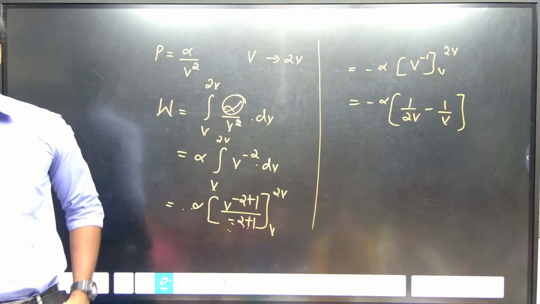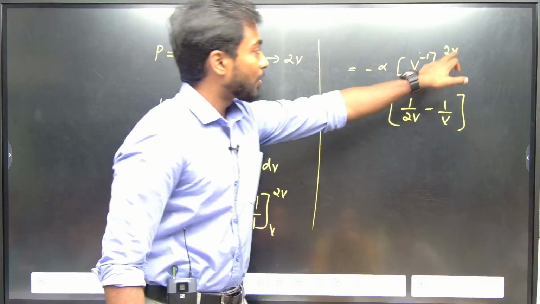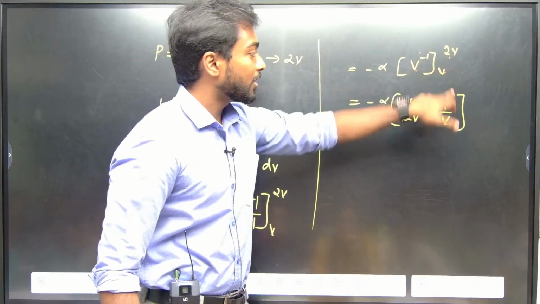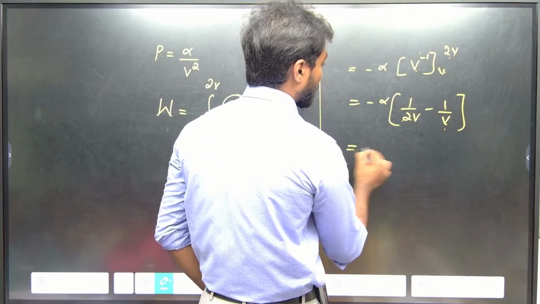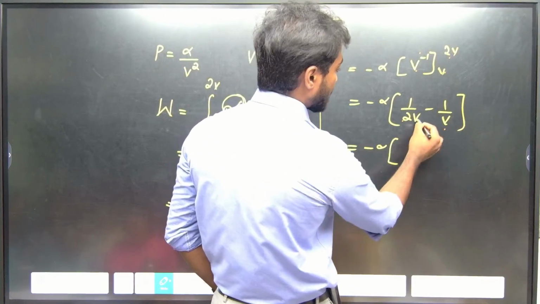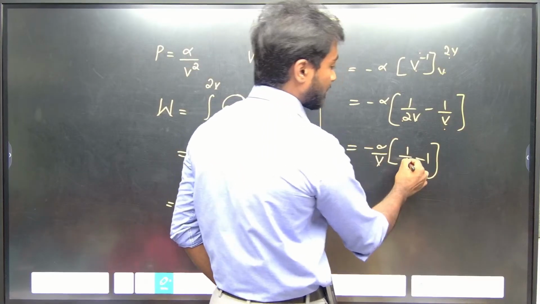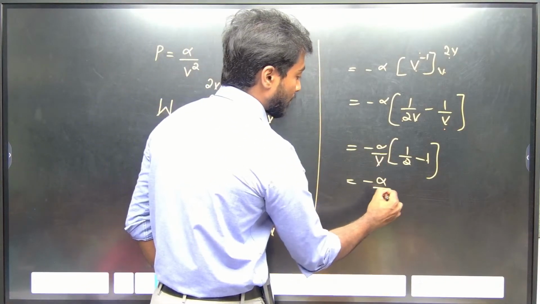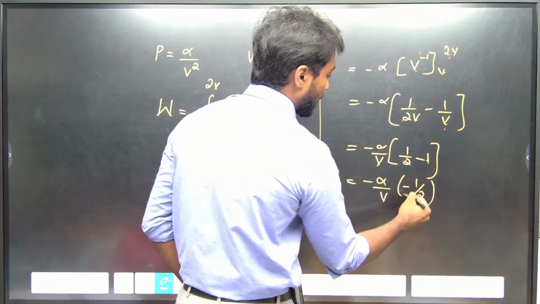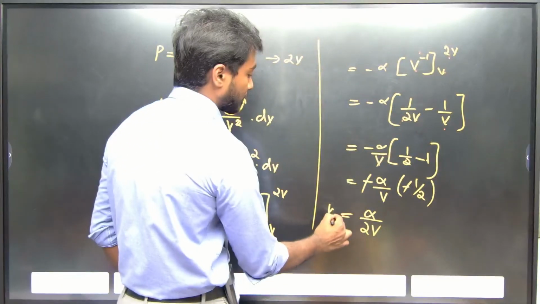I have taken V power minus 1 as 1 by V. Now I have taken the 2V and the V, upper limit minus lower limit. So minus alpha, this V also I can take commonly outside. 1 by 2 minus 1 is minus 1 by 2. So minus alpha by V times minus 1 by 2, minus and minus gives plus, so alpha by 2V is the answer.